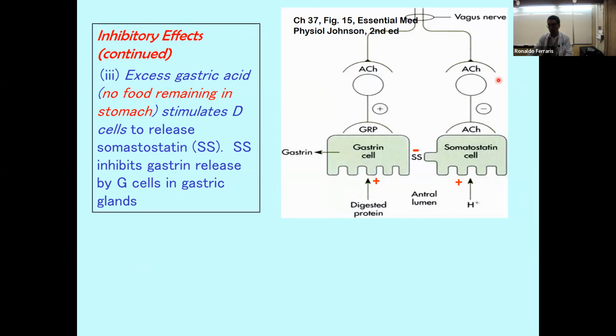This is your blood side. The increased acidity would stimulate the D cell into making somatostatin released onto the blood side, and by paracrine signaling it would go to nearby G cells and inhibit them from making gastrin.